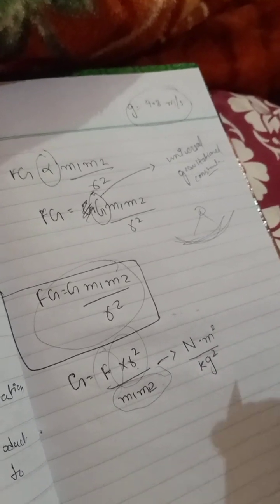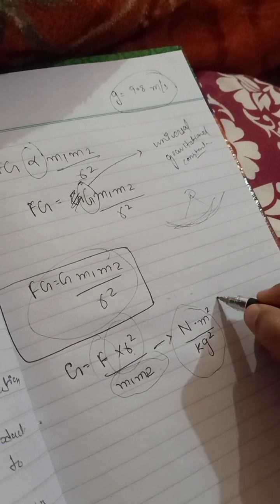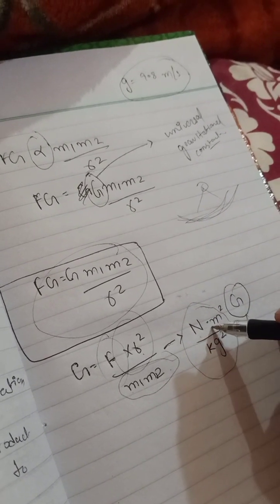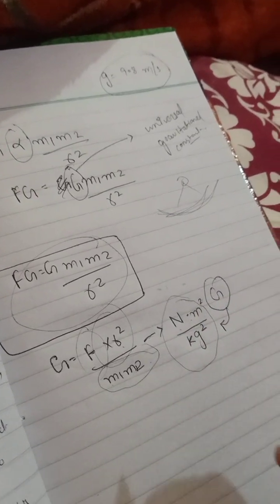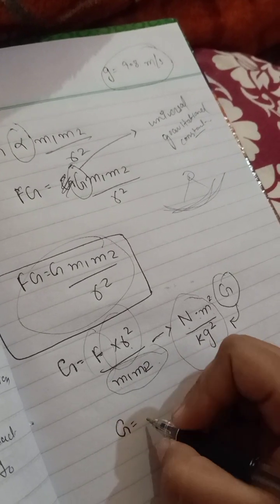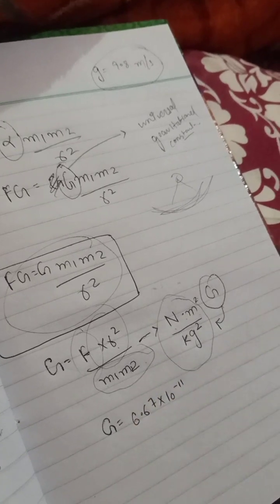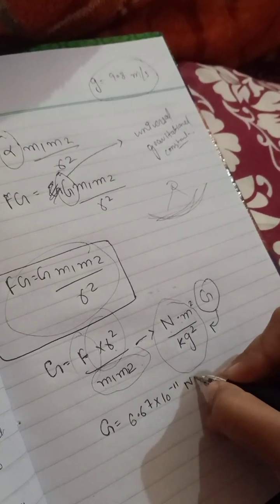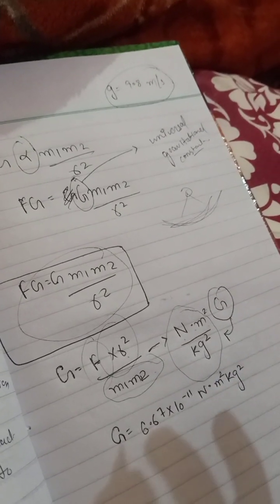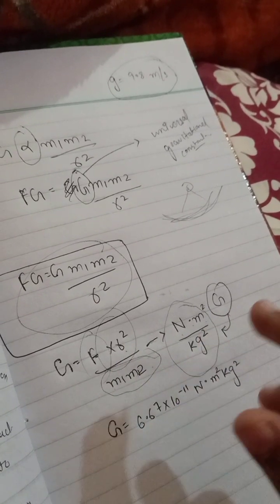So the unit of the gravitation constant is Newton meter square upon kg square. We have a constant value of capital G, the gravitational constant, which is 6.67 multiplied by 10 power minus 11 Newton meter square per kg square.